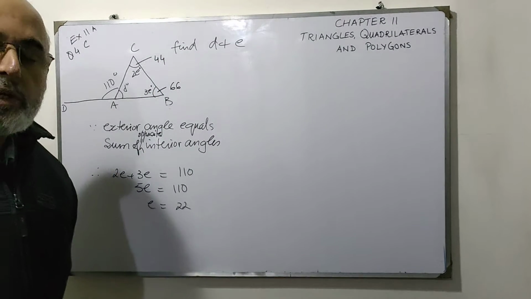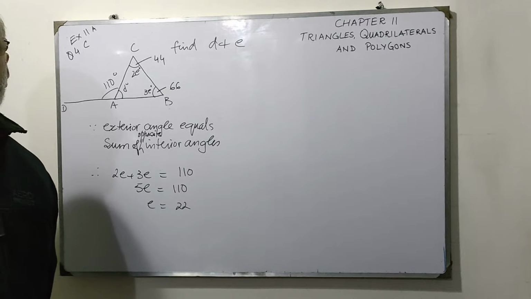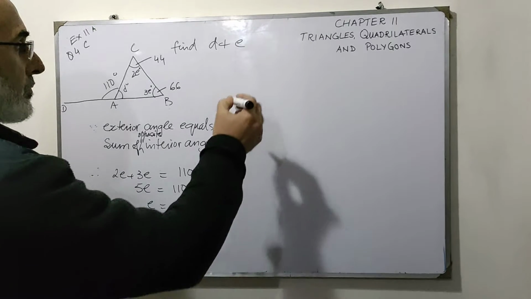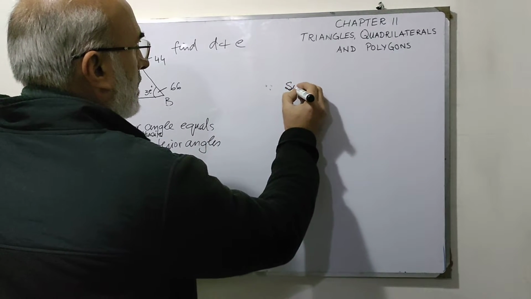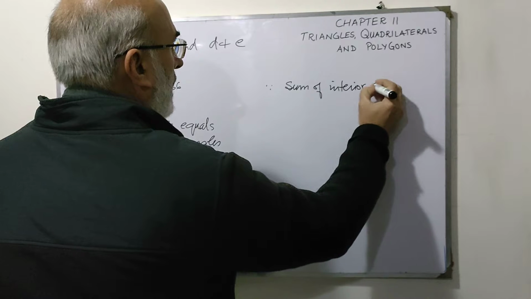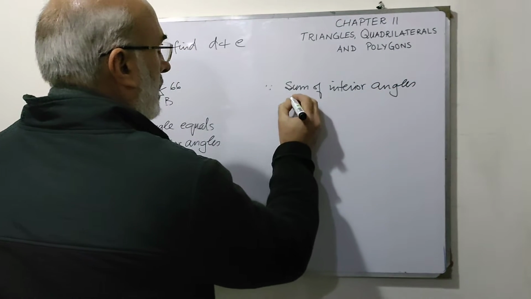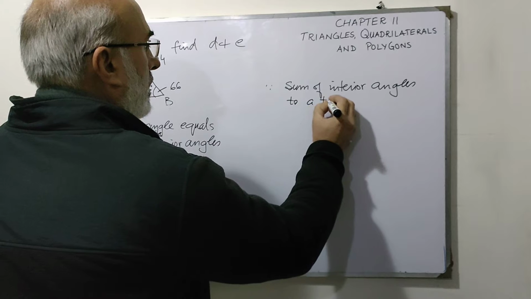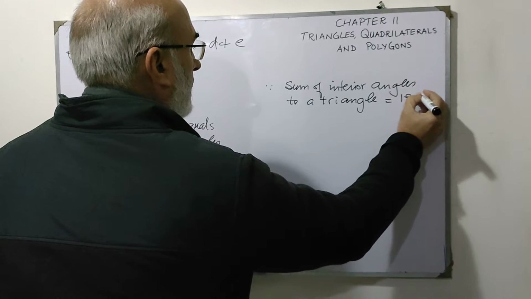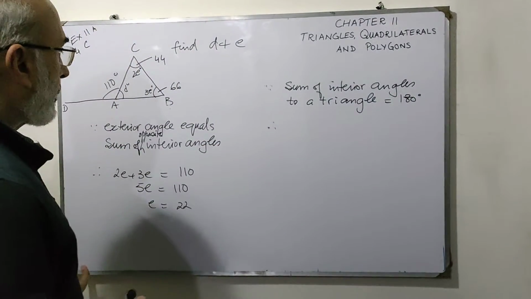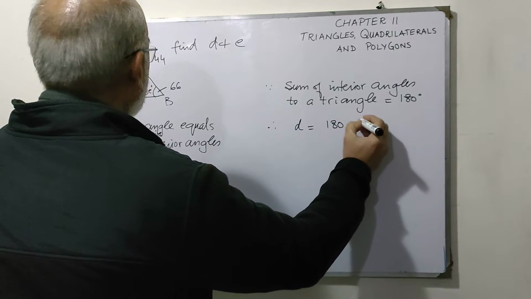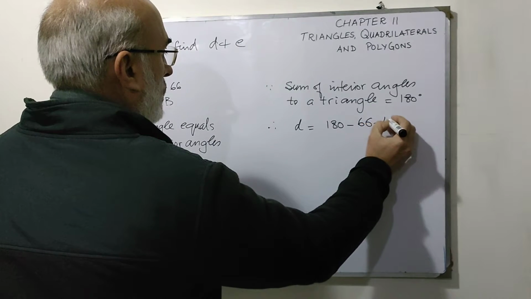Now we have two angles of a triangle, and we know that the sum of interior angles of a triangle is equal to 180 degrees. Therefore, D is equal to 180 minus 66 minus 44.